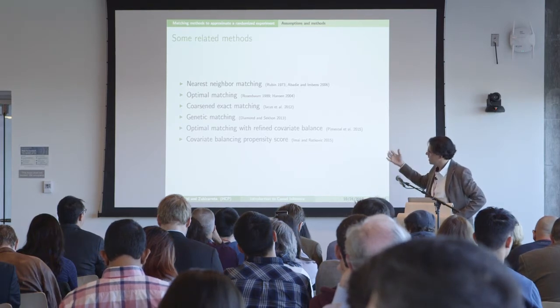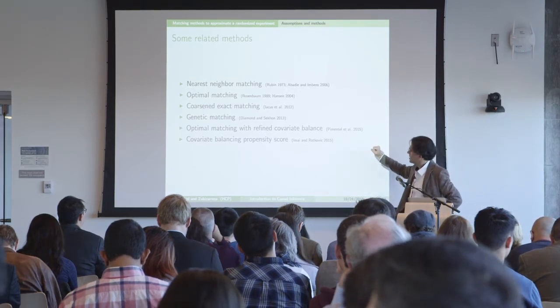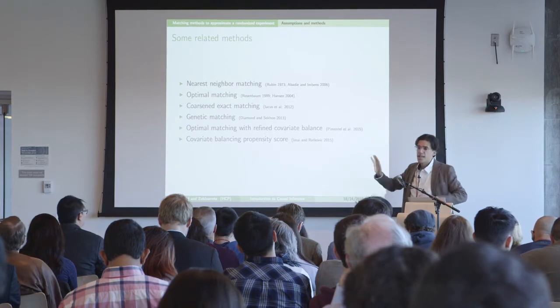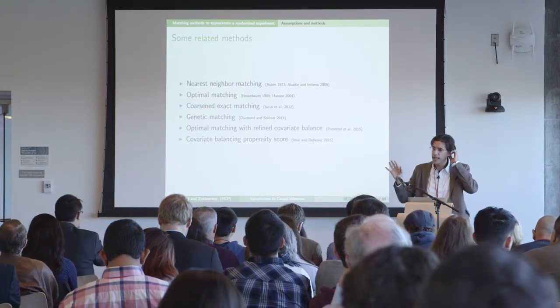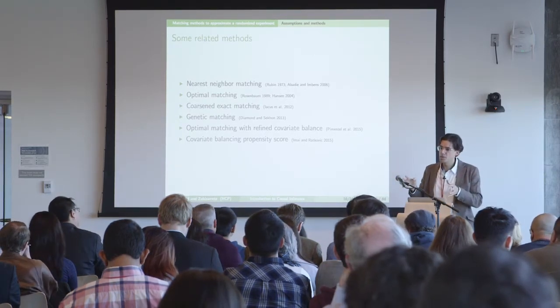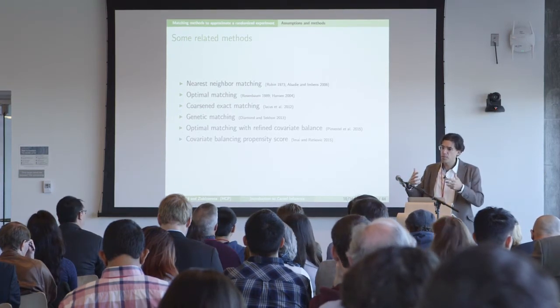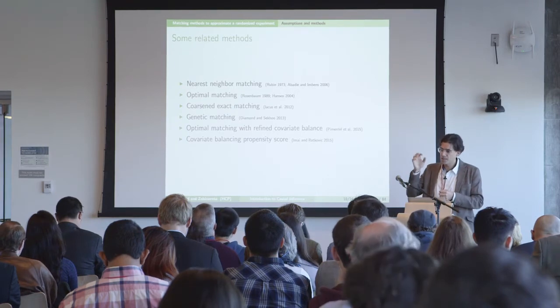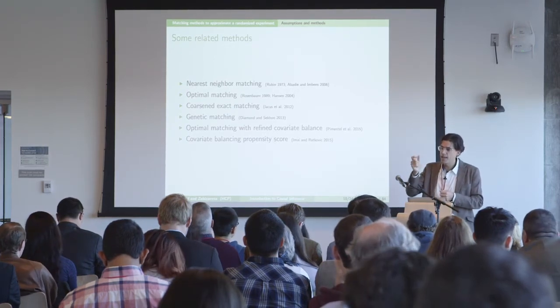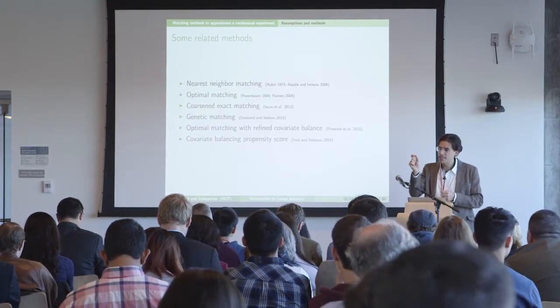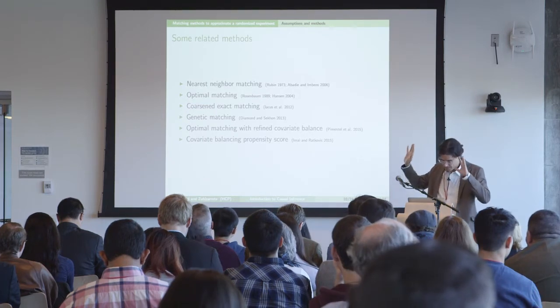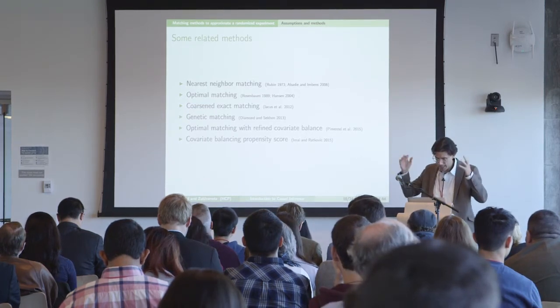We also have genetic matching, the covariate balancing propensity score, matching via network flows. There are many forms of matching. Here today we're going to be using certain optimization tools, namely integer programming tools, in order to balance covariates very well and very closely match individual units. I just want to tell you that there are many other methods out there.